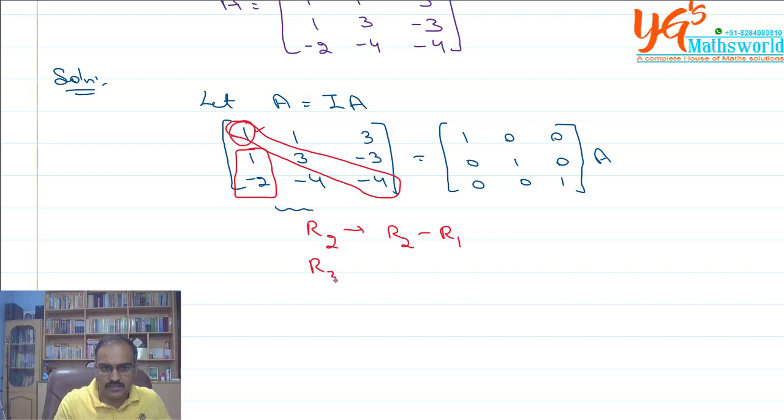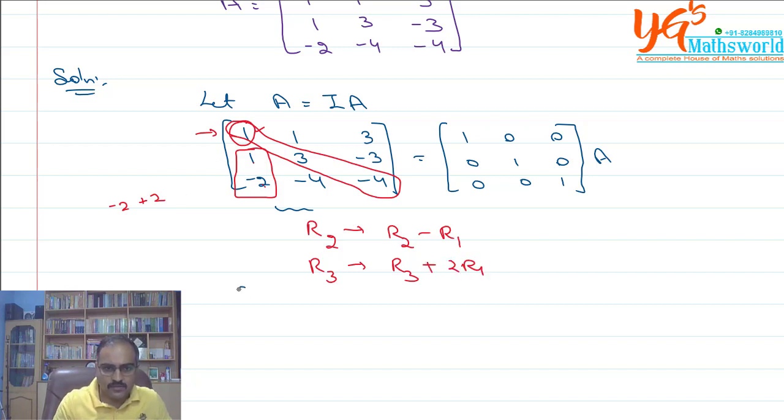And on R3 we have minus 2, so by using R1, minus 2 plus 2 times R1 will make it 0. So we do R3 plus 2 times R1.